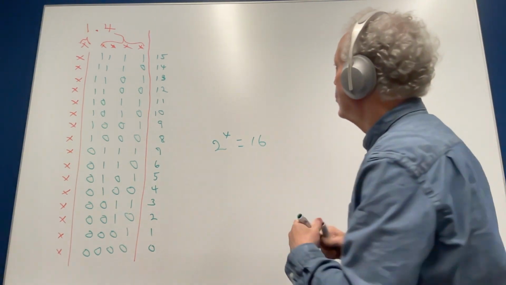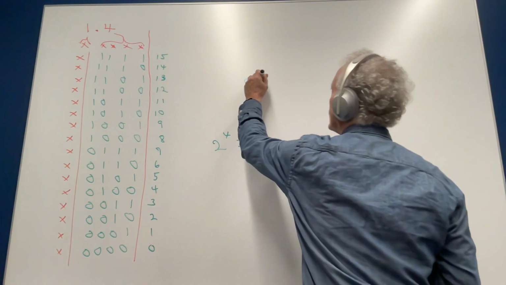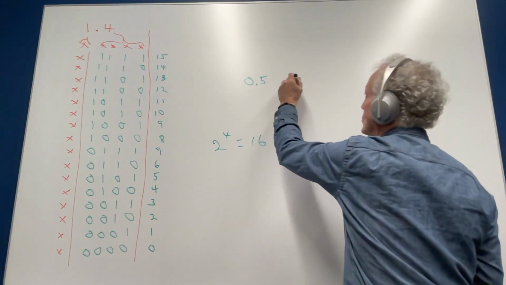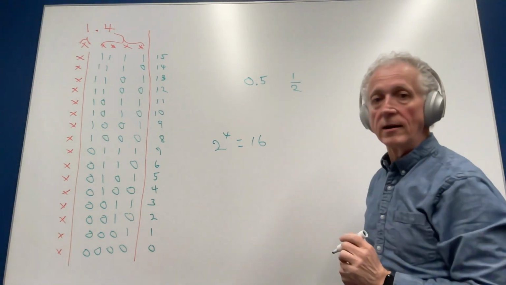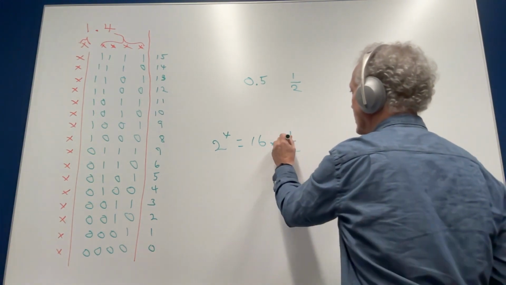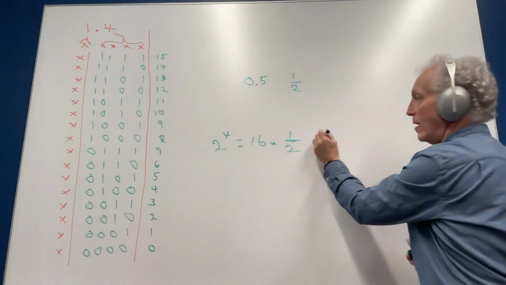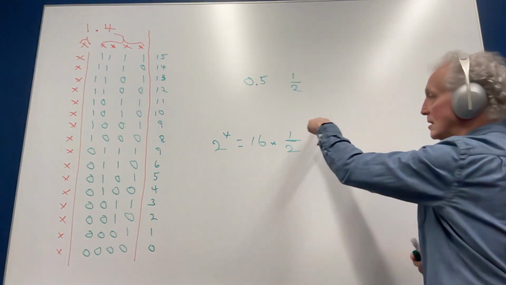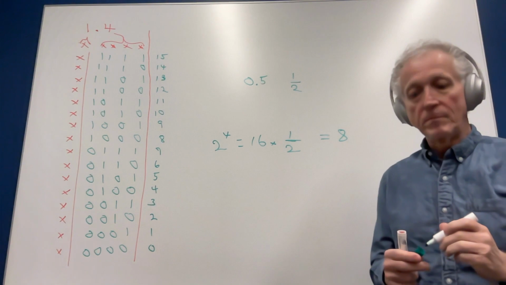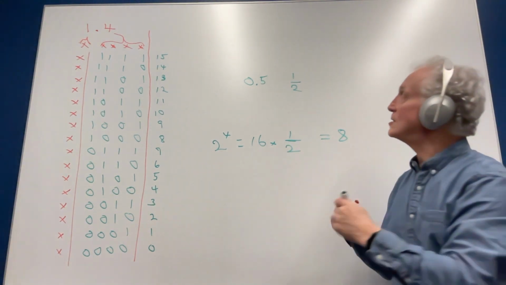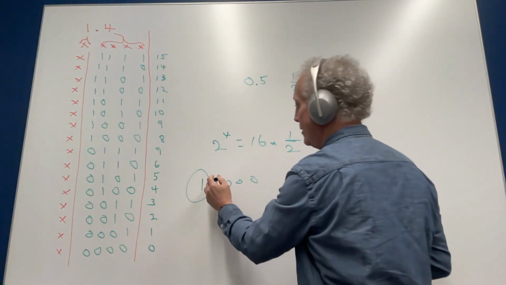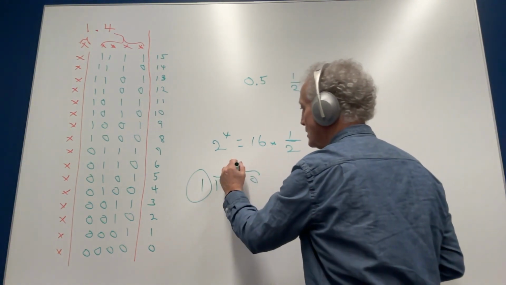Now if we take the fractional part, the 0.5, or in this case 1/2, we're going to multiply it. So we take 16 times 1/2, which is 16 divided by 2, and that gives us an 8. Earlier I said it's going to be 1, 1, 0, 0, 0, because the whole number is 1 and the fractional part was the 8.